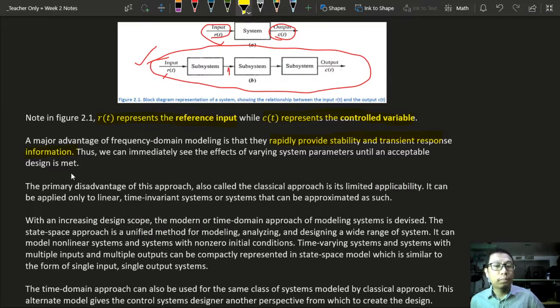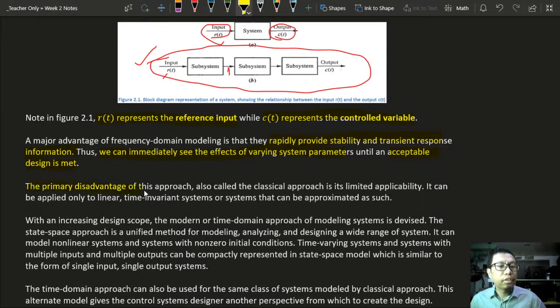So intuitive siya. It is also possible that we can see immediately the effects of varying system parameters until an acceptable design is met. So pwede natin din laruin yung mga parameters ng system so that we will see kung ano yung epekto niya. So yun yung isang advantage niya.